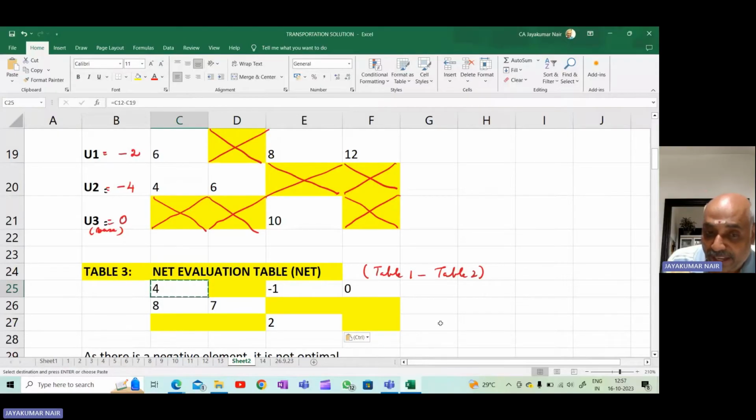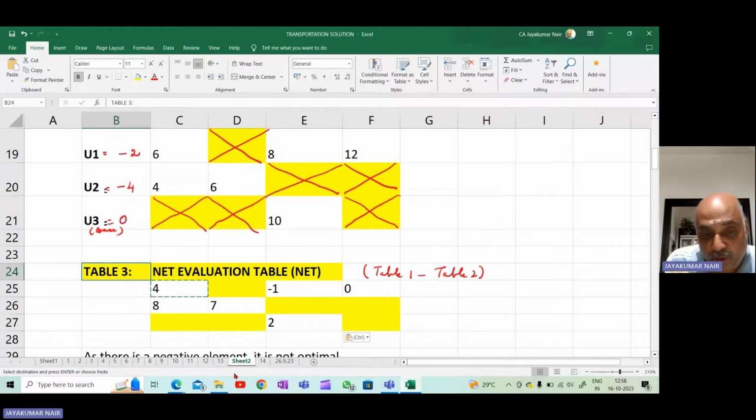It indicates that if you make some allocation in this particular cell, wherever there's a minus, you could minimize the cost. You can bring down the cost further. That is what this table, the net evaluation table, NET, tells you. So table 3 will tell you whether you can reduce the cost further.